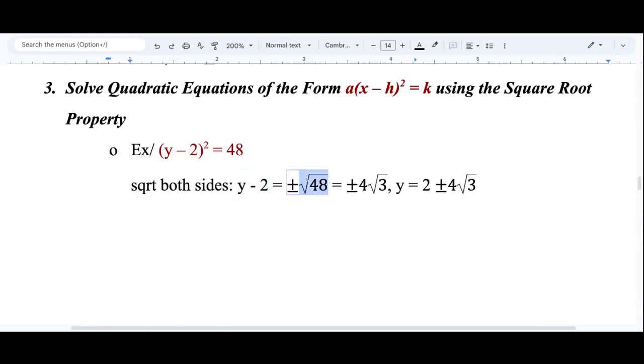Then the square root of 48 gives plus minus 2 values. And 48 can be divided into 16 times 3. Square root of 16 becomes 4. Then we just move this negative 2 to the other side, becoming positive 2. So 2 plus minus 4 square root of 3. We don't need to square root anything else. Does this make sense?